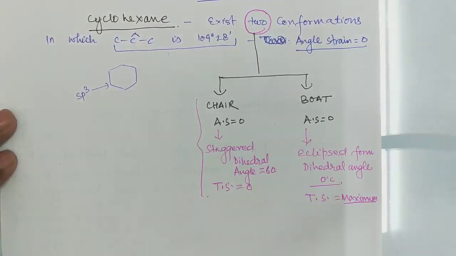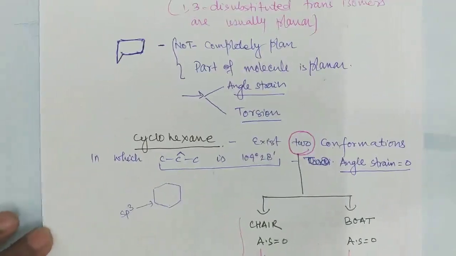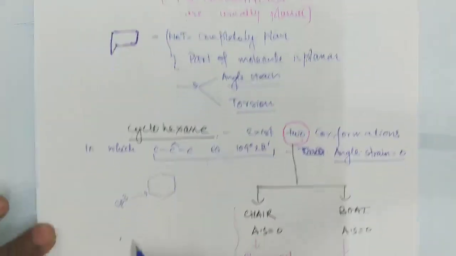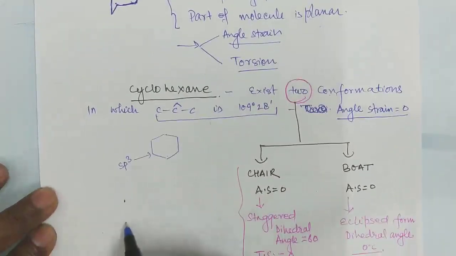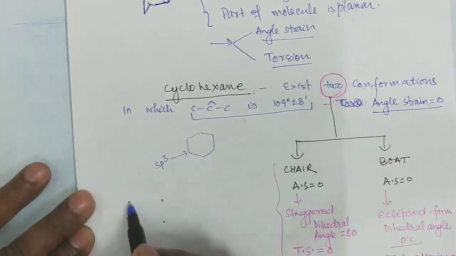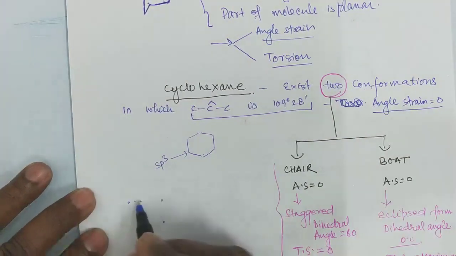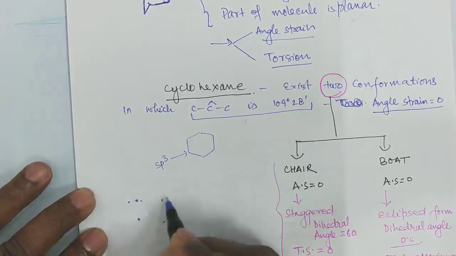So how are these chair and boat forms drawn? See, in chair form, you can assume that the four carbon atoms are in the plane, right?